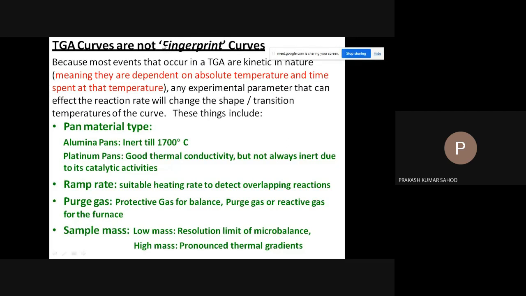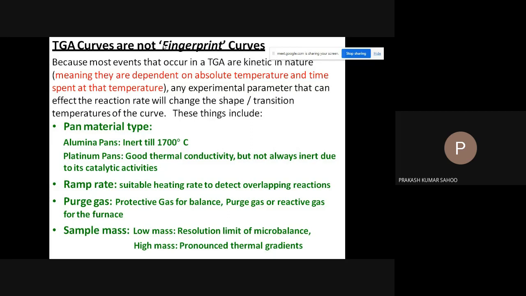Fingerprint means it is just like human beings. Every human being has a unique fingerprint. So like this, every compound has a unique fingerprint curve, which cannot be the same or equal to any other compound.